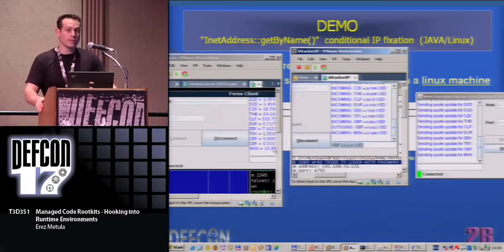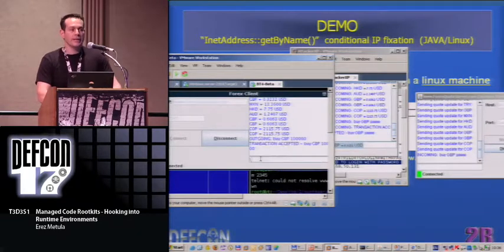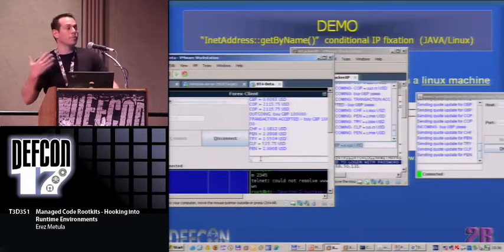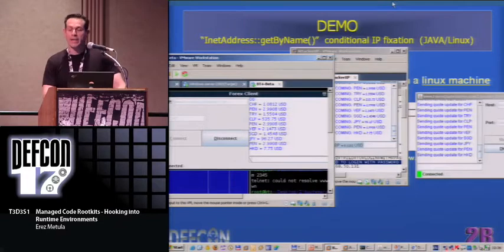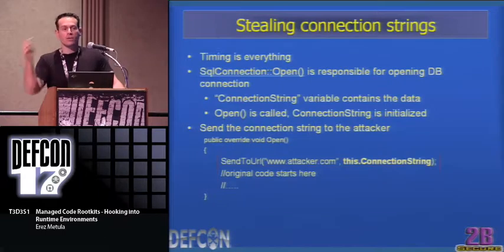You need to do it in some specific place. I wanted to inject code that does something like this: take this dot ConnectionString and send it to the attacker. But I cannot inject it into the constructor of the object. I need to inject it into a place where I know the connection string will already be initialized. The right place to do that is in Open. When the application calls Open, the connection string will be initialized.